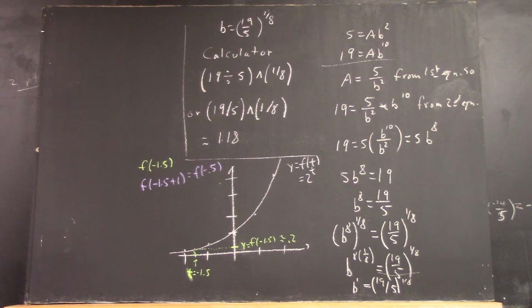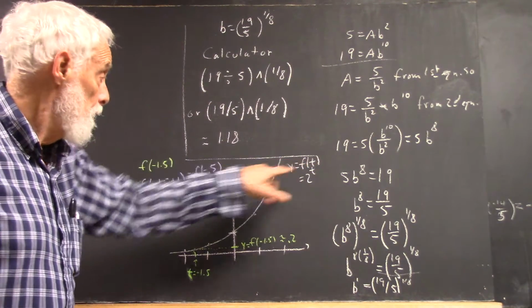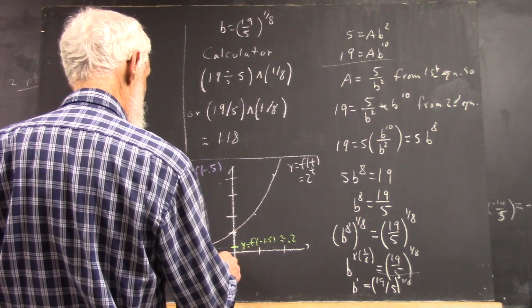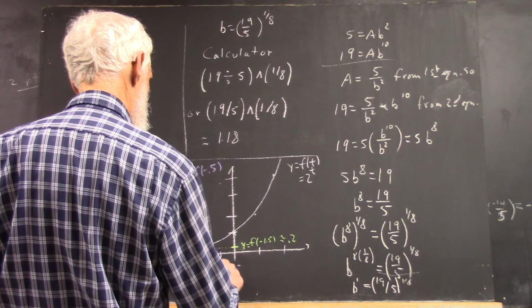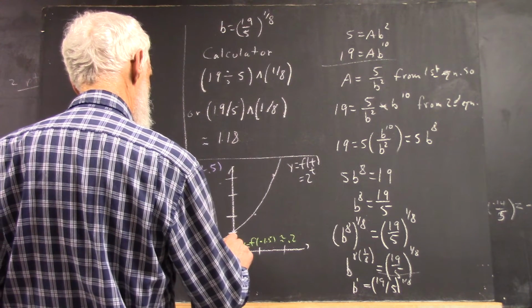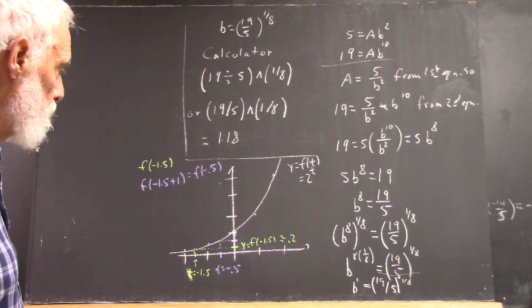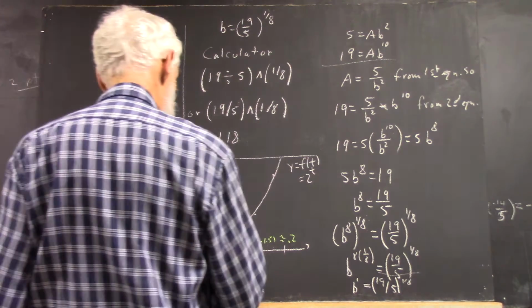How do we do that? Well, it's f of t, so that means we've got to find where t is negative 0.5, right? So here's t equals negative 0.5. So we come up to the graph, and at this point, y equals f of negative 0.5, right?